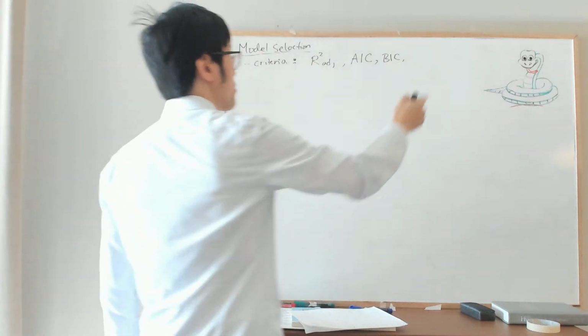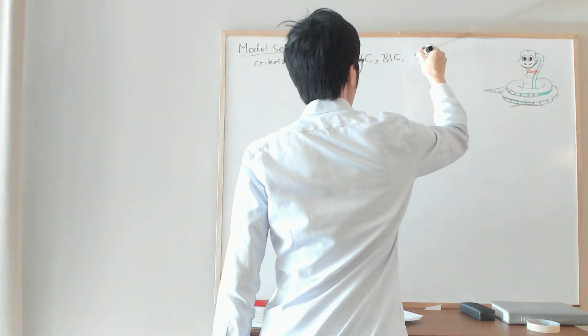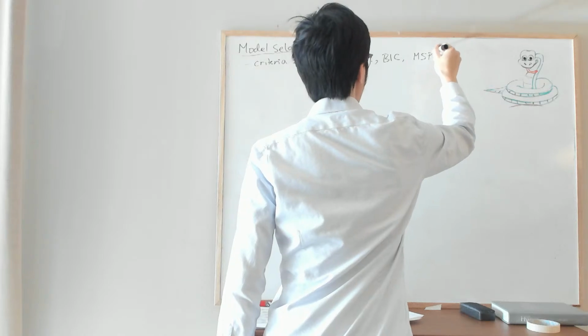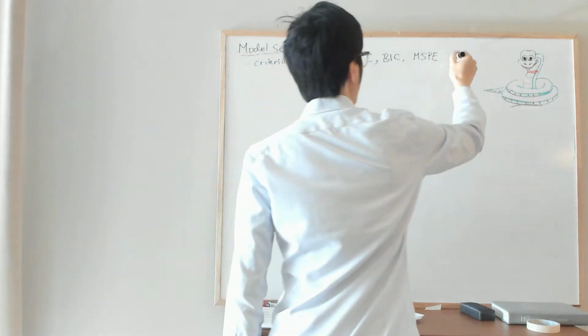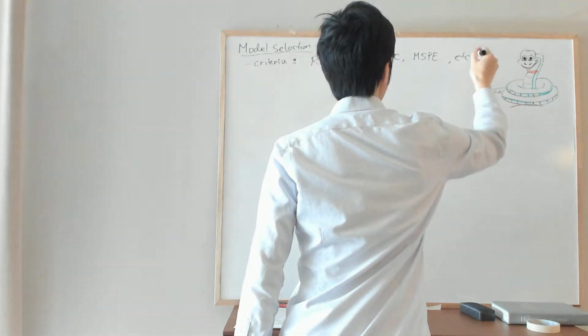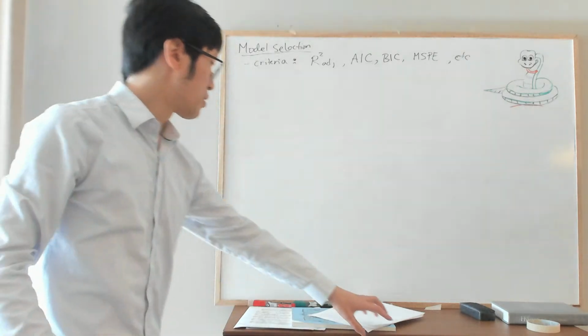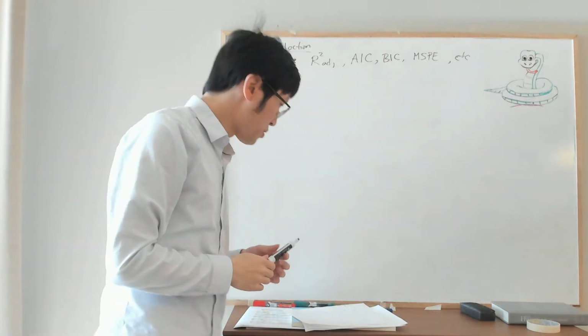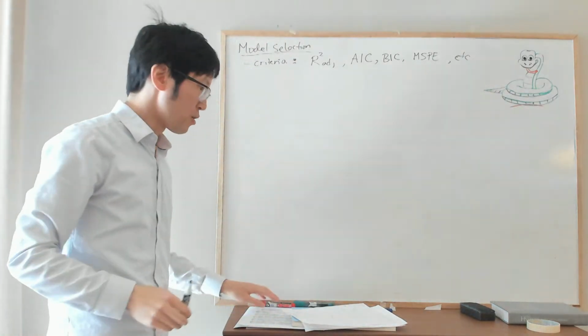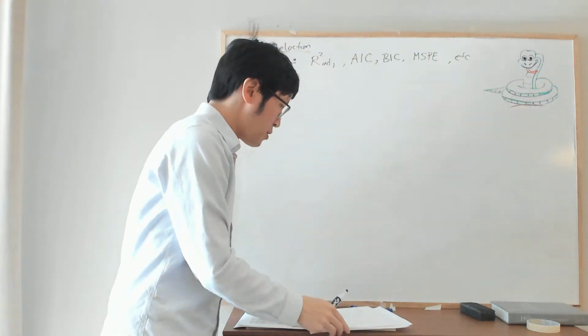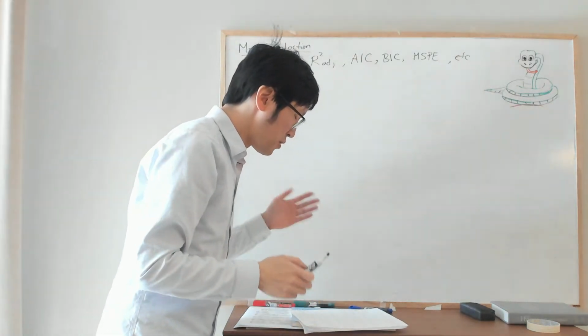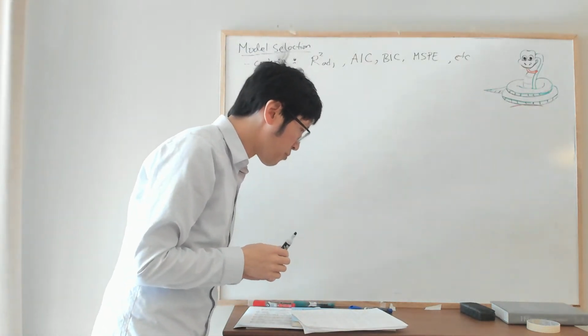And then we also look at things like prediction error, for example, mean squared prediction error. And there are others. We just listed some of the ones that have been historically important, recognizing that there's still a lot of statistical research that deals with these sorts of issues.